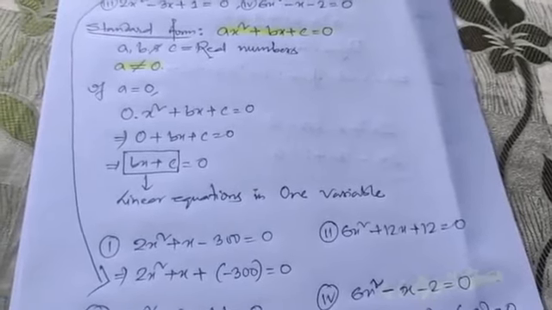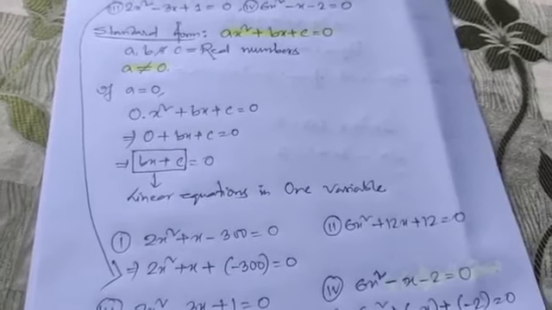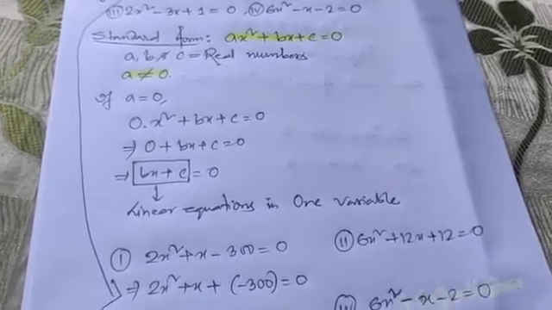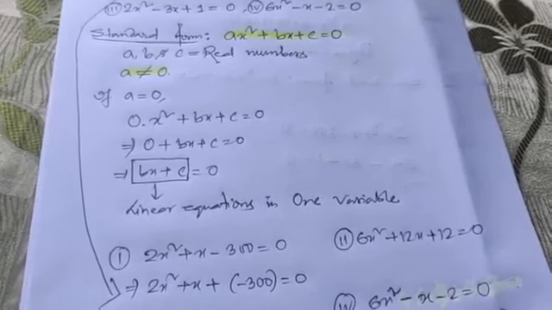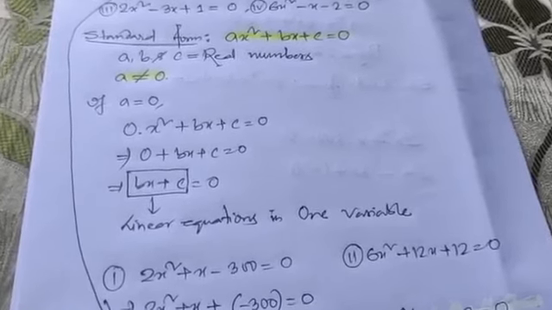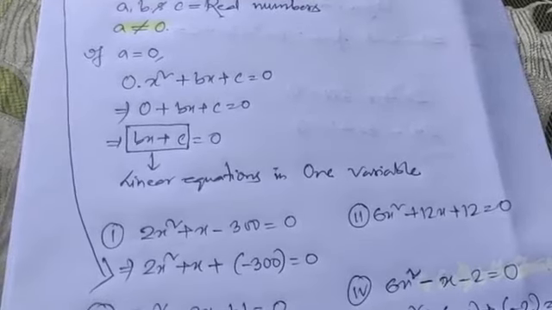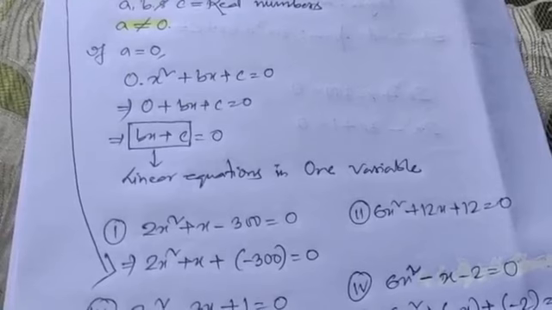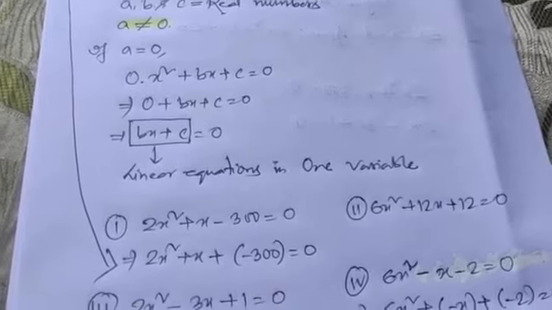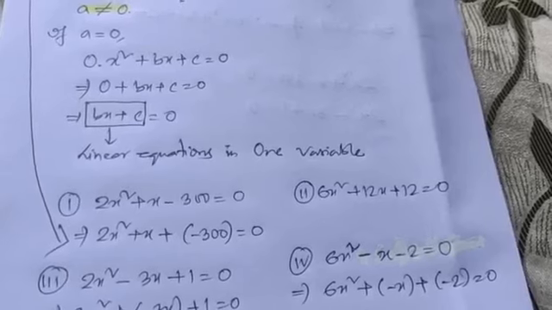So signs are not the same, but no worry, we will keep the original sign of the standard form properly, and those signs which are not according to the standard form we will take along with that term. So see, 2x squared plus x plus, then we know that minus 300, we can write it together because ultimately plus minus is minus. Okay, then equation 2 is as it is, so no need to change this one.